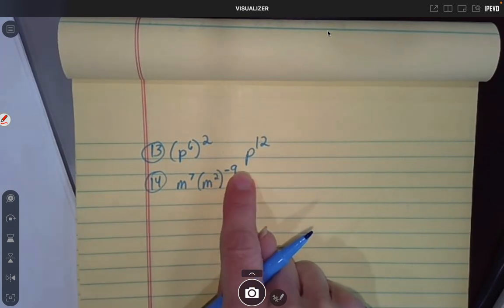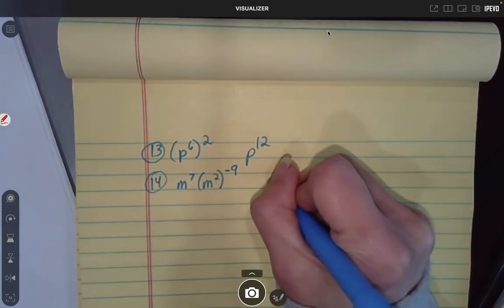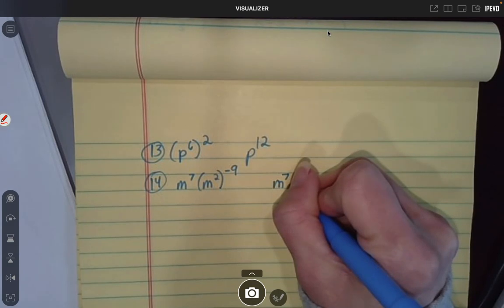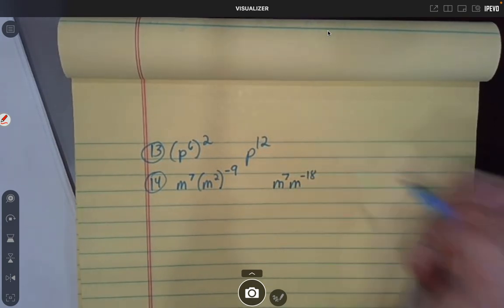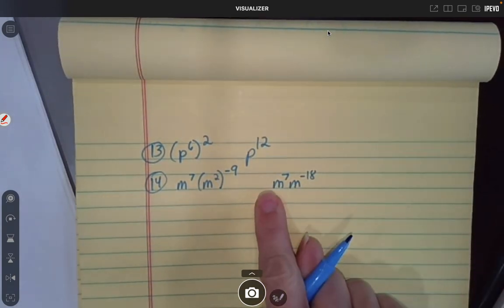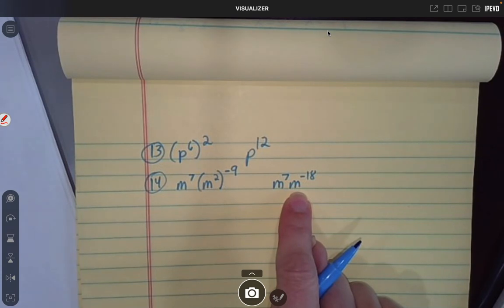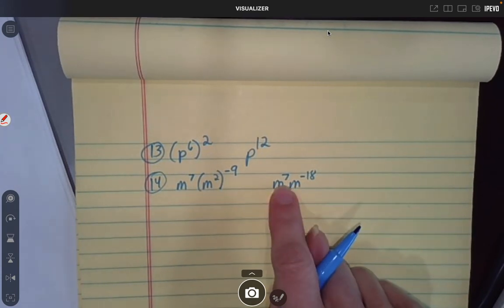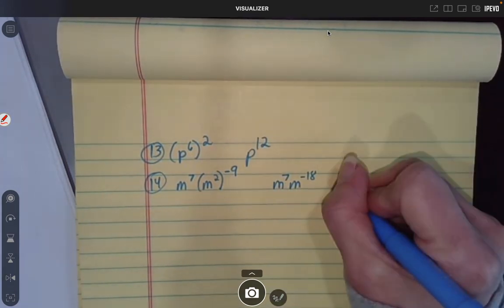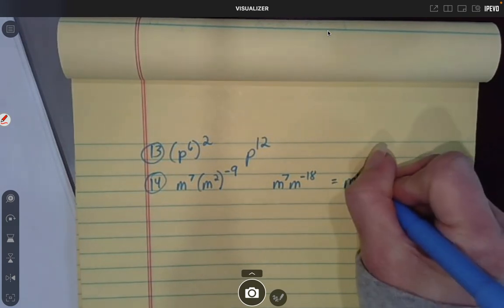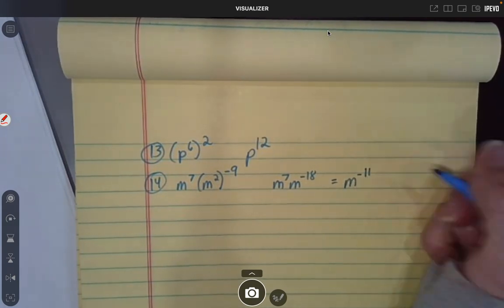So what's 2 times negative 9? Yeah, so I'm going to bring that one down, and then I've got m to the negative 18. Now what do I do with these two? I'm multiplying, so we add. You have to be able to tell on that. So what's 7 plus negative 18? Negative, what did we say, 11?